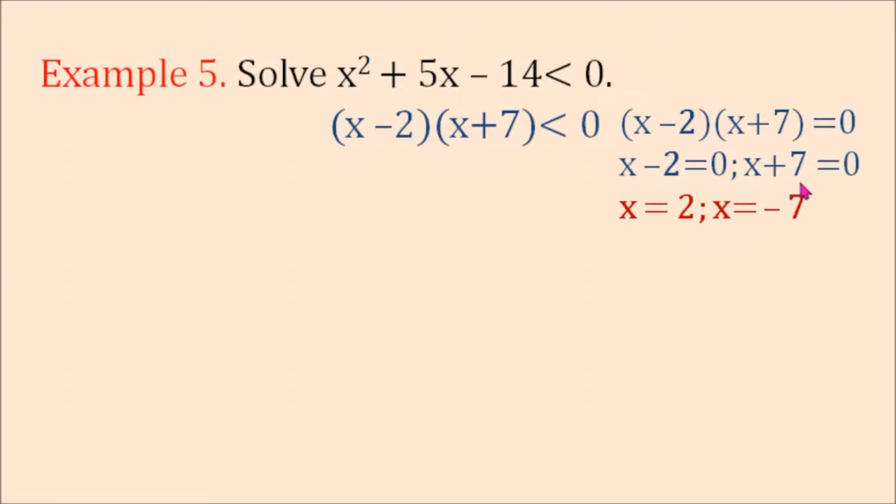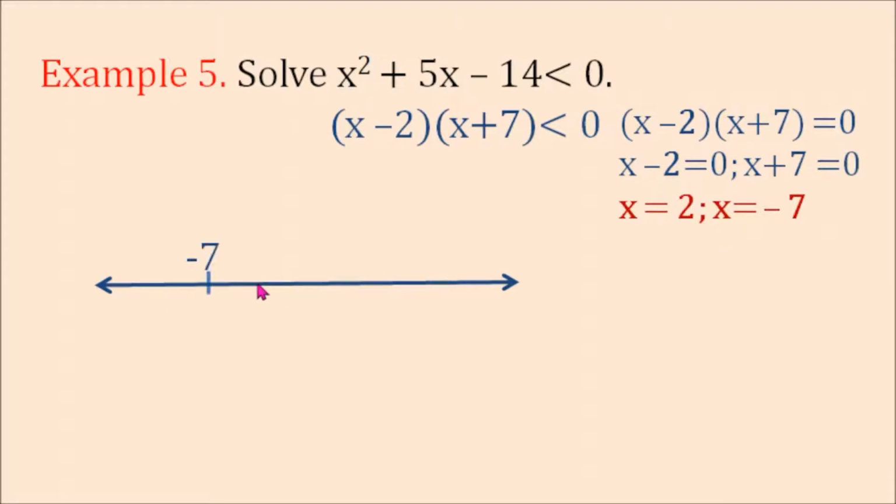And for our second equation, we subtract 7 from both sides, so we have x equals negative 7. Now because our inequality here is less than, that means we are going to exclude 2 and negative 7 on our solution.